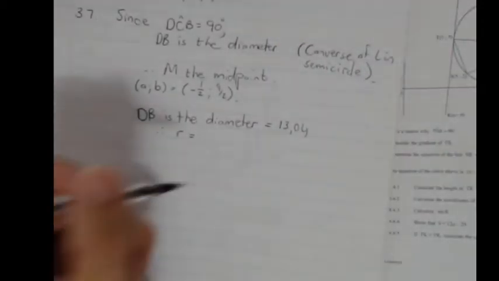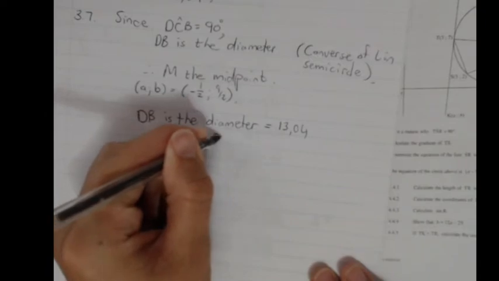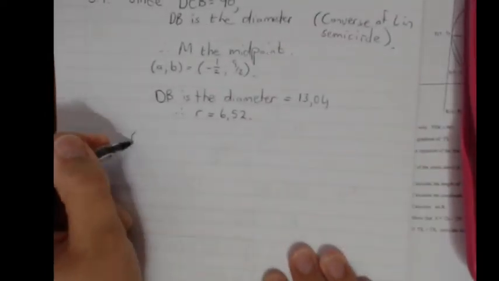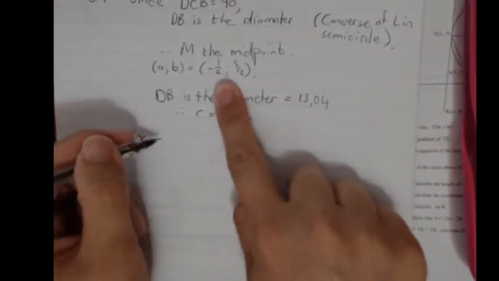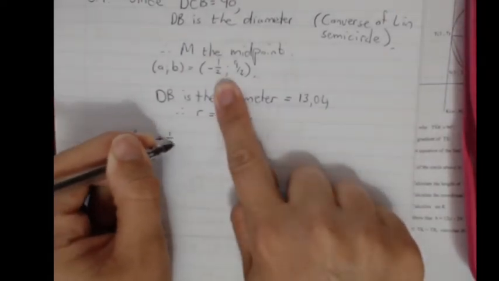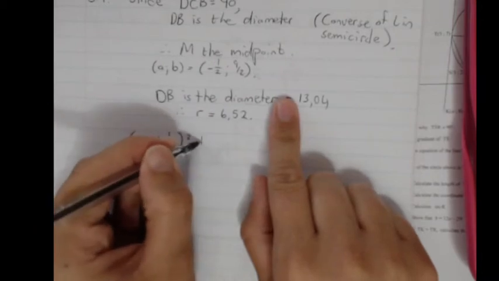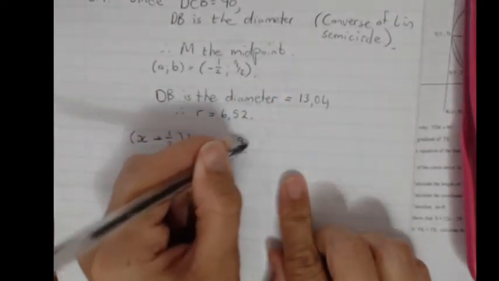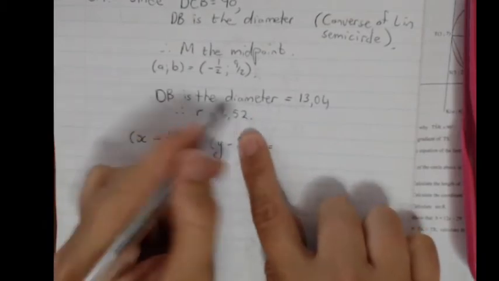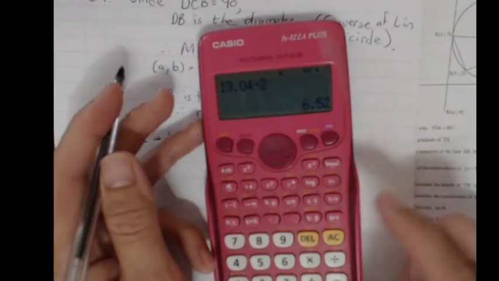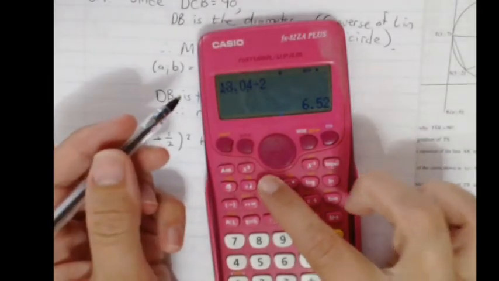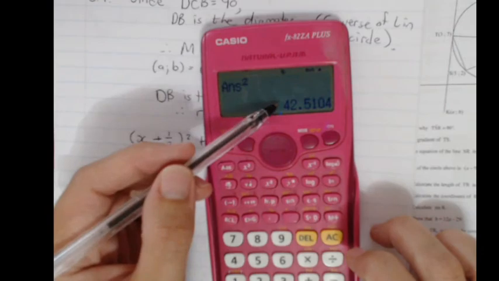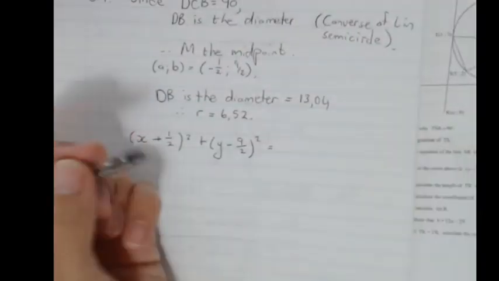6.52. Right, so the radius is 6.52, and typically in the equation of a circle, x minus a, which is negative a half, is going to make that plus a half there, plus y minus b, which is then 9/2, squared, is equal to radius squared. So I actually need to take this and just square it. So 42.51.